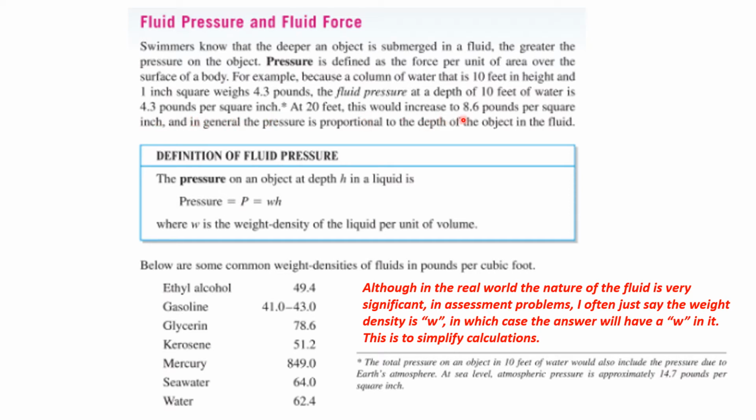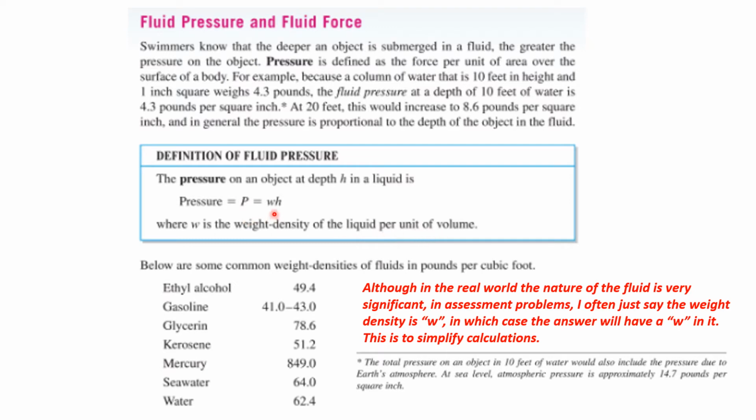At 20 feet, this increases to 4.86 pounds per square inch. And in general, the pressure is proportional to the depth of the object in the fluid. So, the pressure on an object at a depth h in a liquid is P equals W times h, where W is the weight density of the fluid per unit volume.